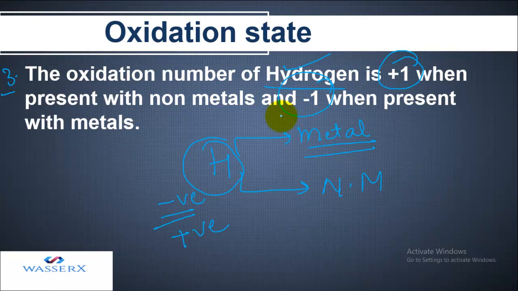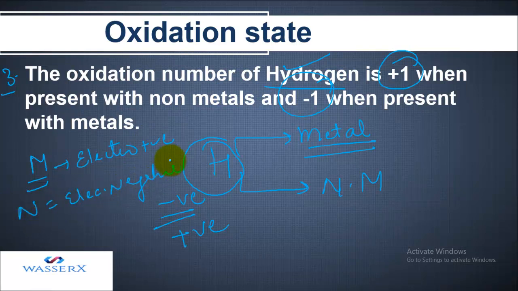Do you know what is the reason behind this? The reason is, we know that metals are electropositive and non-metals are electronegative, because they have a tendency to gain electrons, and moreover they are smaller in size. And if we talk about metals, they are quite big in size and they have a tendency to lose electrons.